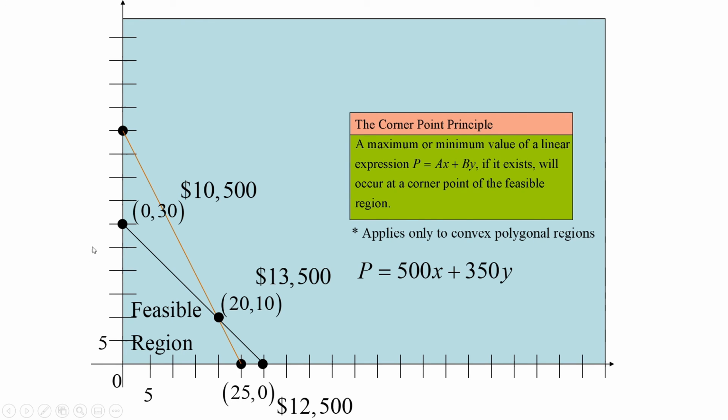So it looks to me like we're going to be doing 20 trucks and 10 cars. Yeah, that was per person days. So 20 trucks and 10 cars per week is going to maximize our profit, and that profit would be $13,500. Not bad.